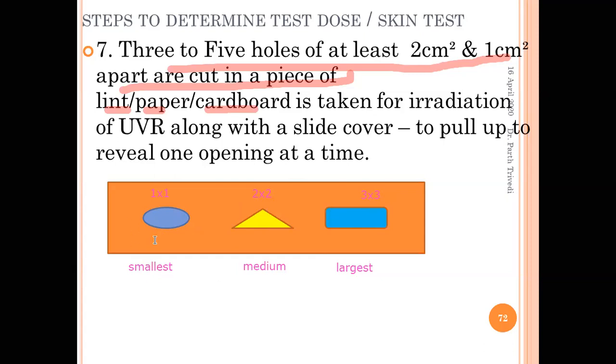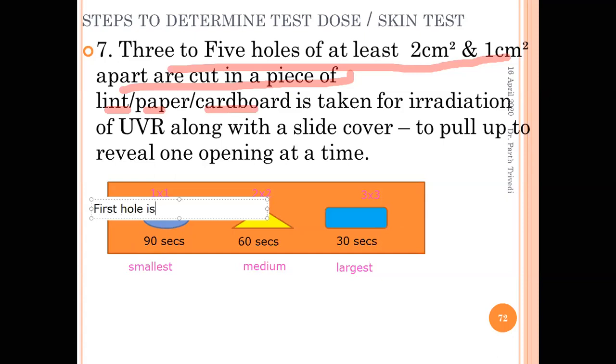So circle is exposed to 90 seconds. Okay, this is exposed to 60 seconds, and this is exposed to 30 seconds. Okay, so what we are doing is we are opening this hole first.